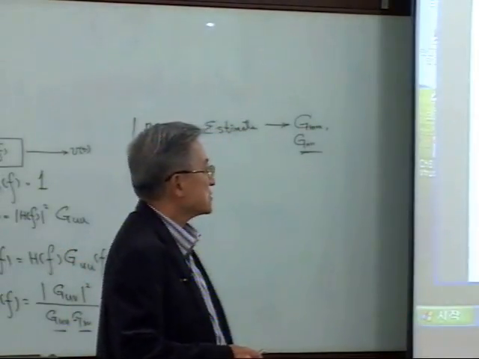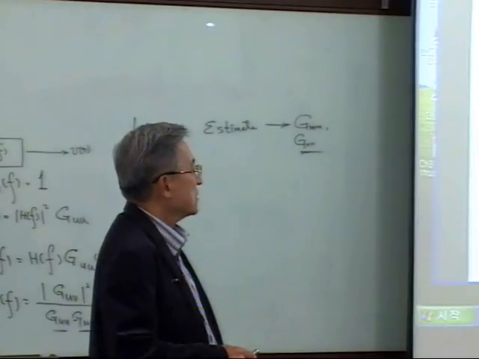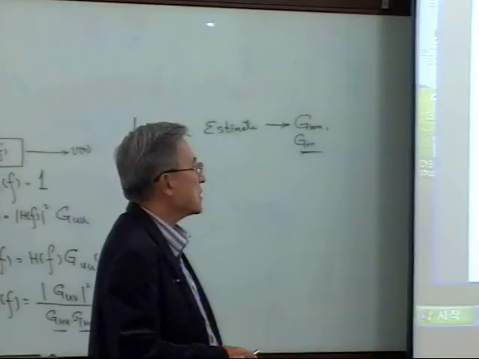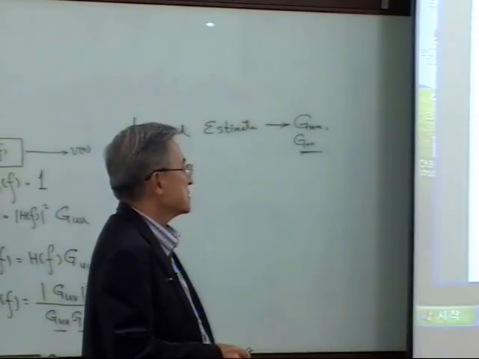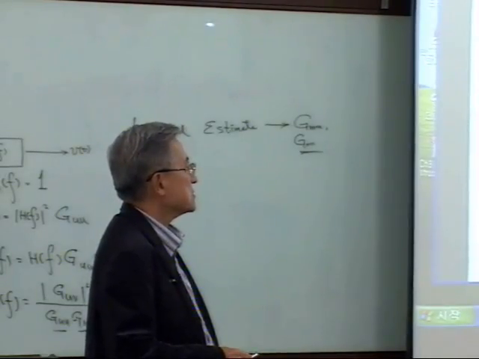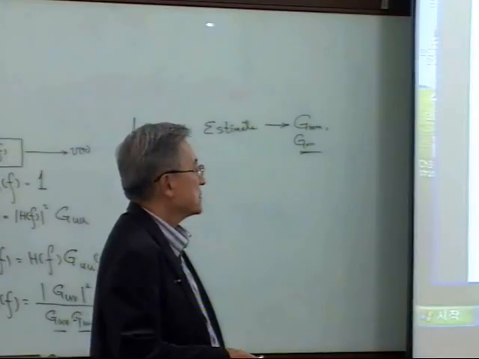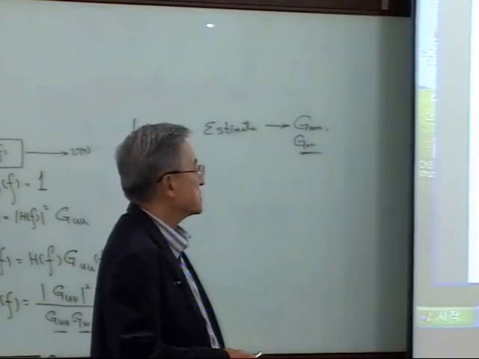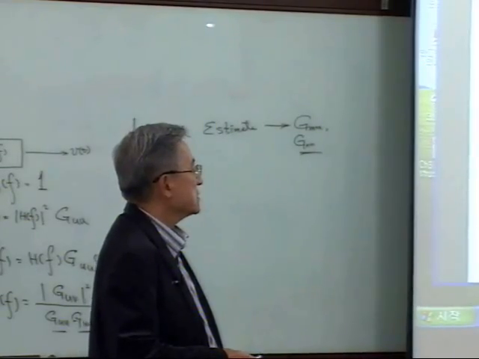So it purely should have this guy happen to be this guy for uncorrelated noise. This is equal to this. You divide top and bottom by G_UV absolute, then you have this times that.